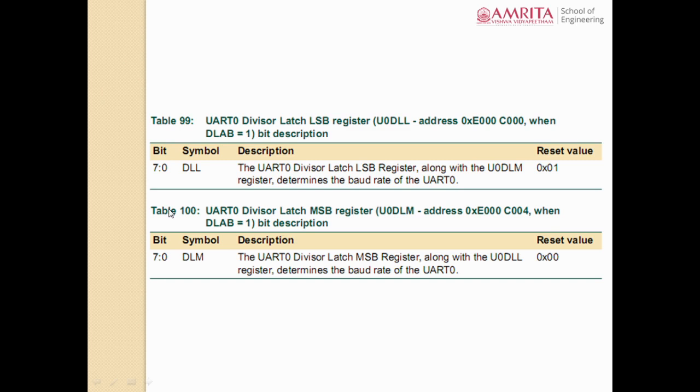Here I need to configure the baud rate as 9600. So if you want a 9600 baud rate, what value should be written into these two registers? That is what we are going to see.